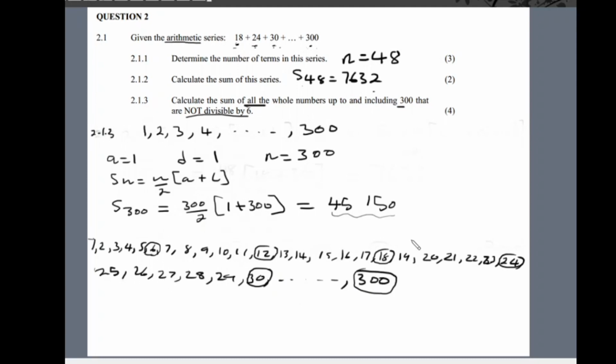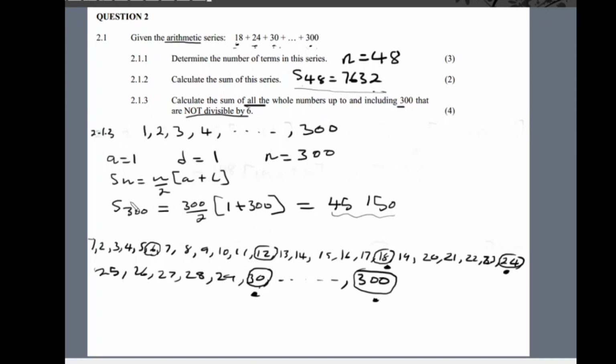So notice that in our original sequence, we have the term 18, we have 24, we have 30, and then we have 300. So this sequence only has terms that are divisible by 6, right? And then we've calculated the sum to be this one here.